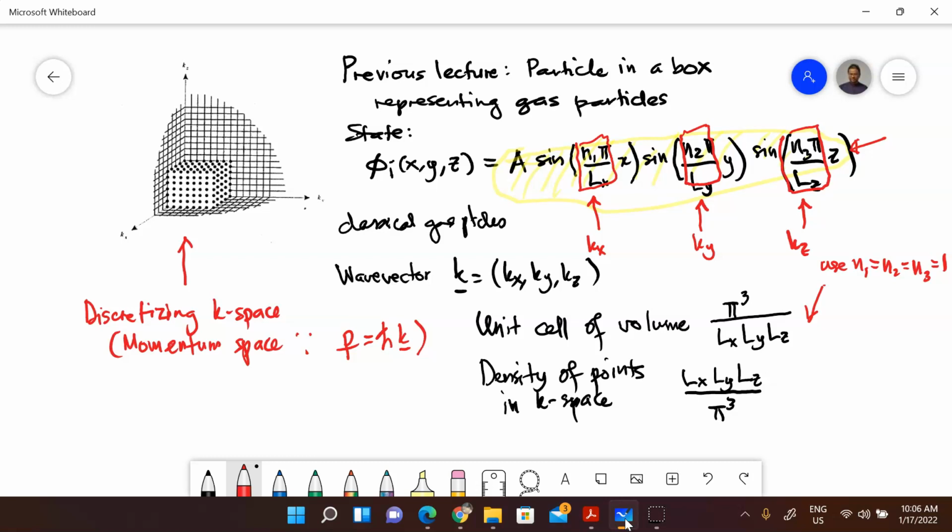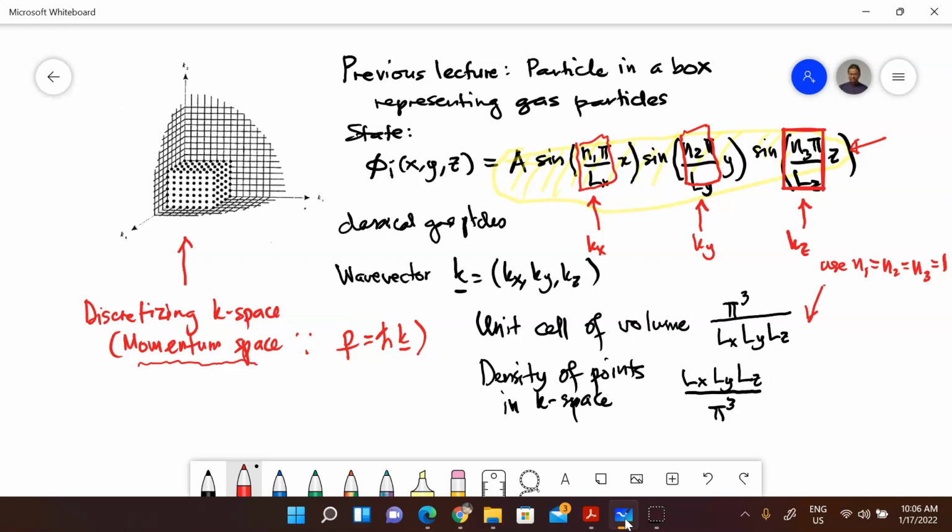If you have done quantum mechanics before, this relates to the idea of momentum, because the momentum is simply your Planck constant times the wave vector. So in other words, the so-called k-space mentioned in the book is really your momentum space. It's equivalent to each other.